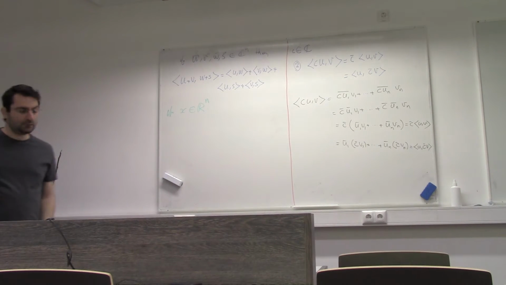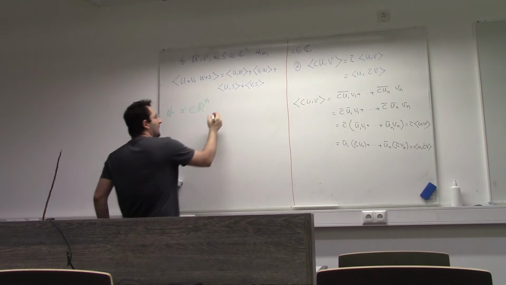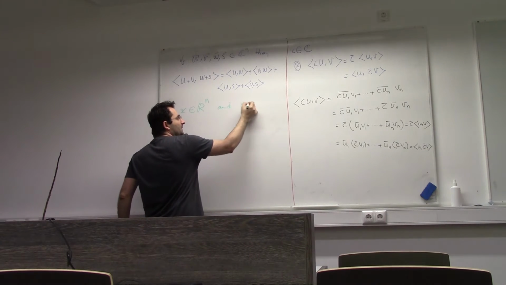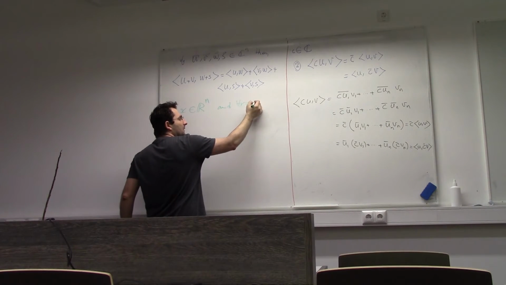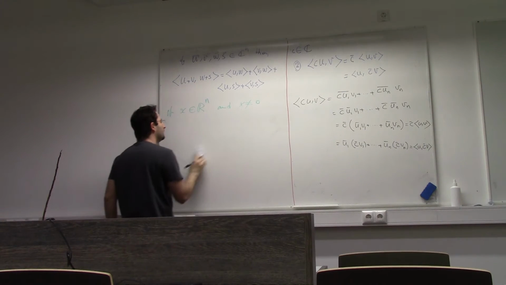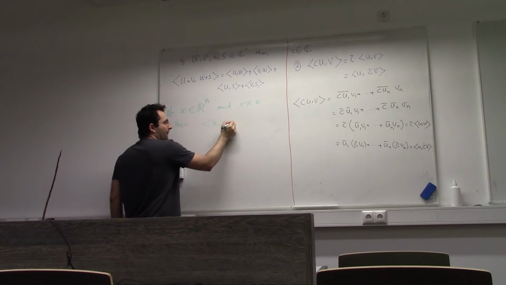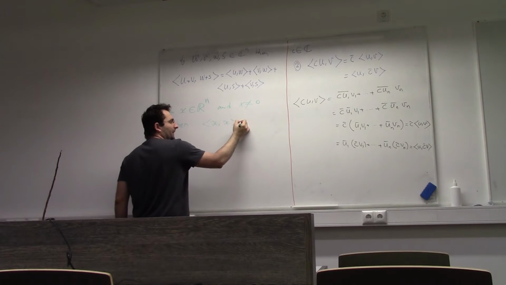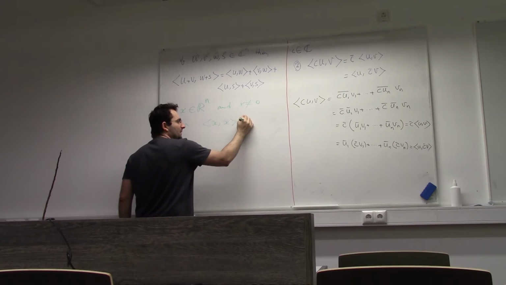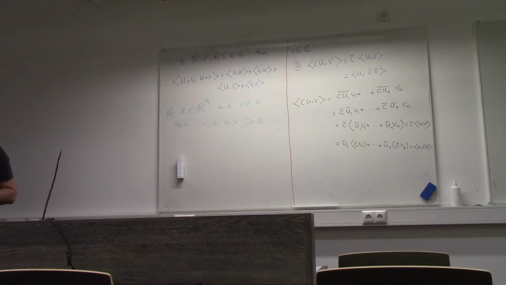If X is a vector in Rn and X is not the zero vector, then the inner product of X by itself is always positive. It's always greater than zero.